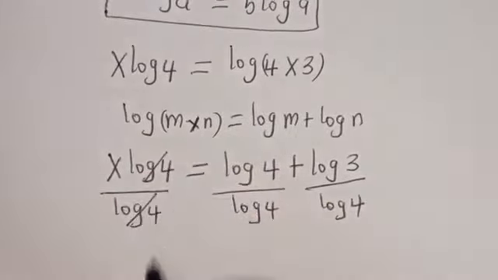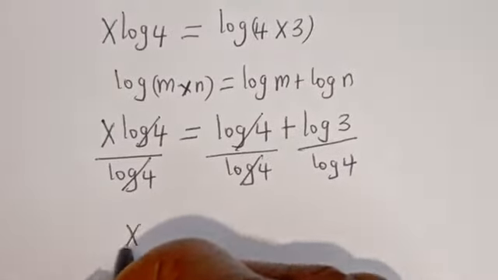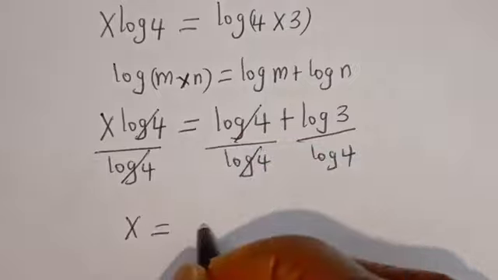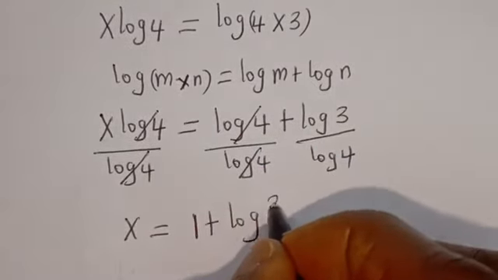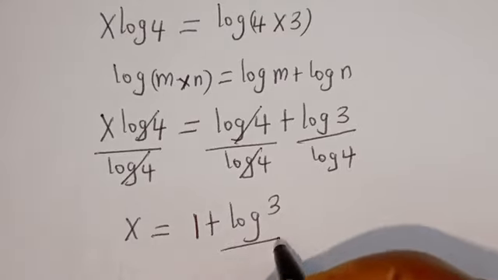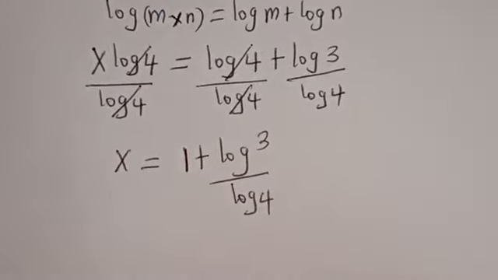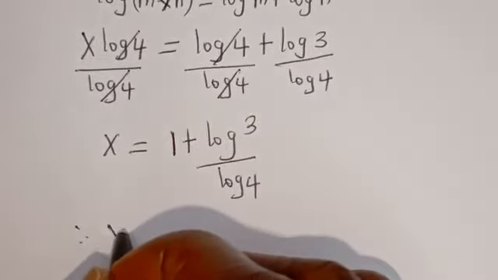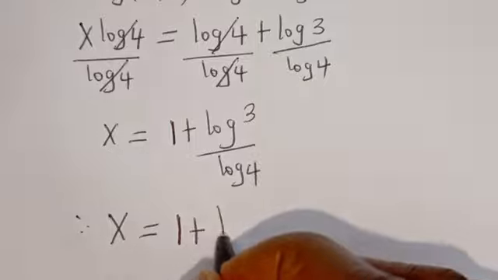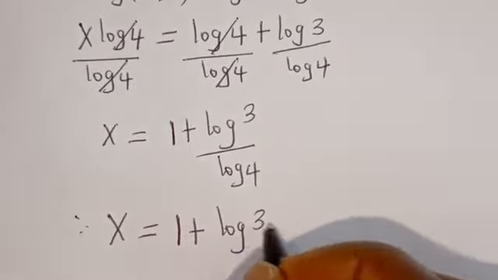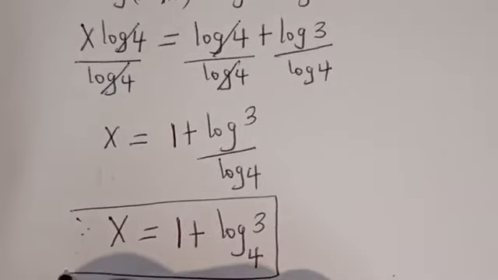And we cancel this, we cancel this. s is equal to 1 plus log 3 divided by log 4. Then therefore s is equal to 1 plus log 3 base 4. This is the final answer.